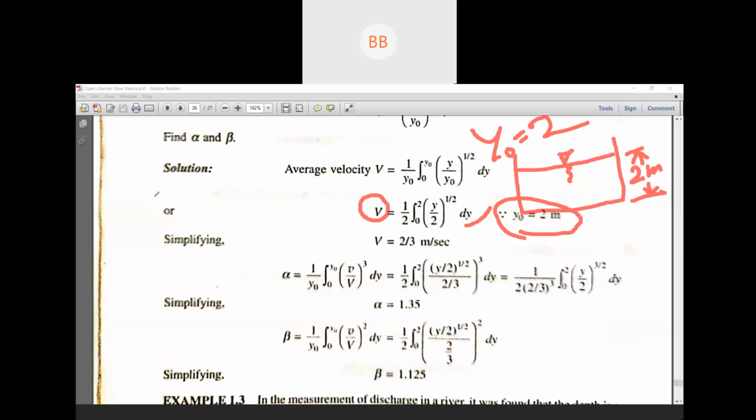How are you going to solve it? We have half multiplied by, again this is also a constant, 1 by 2 to the power half.